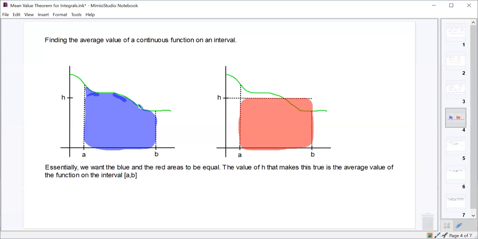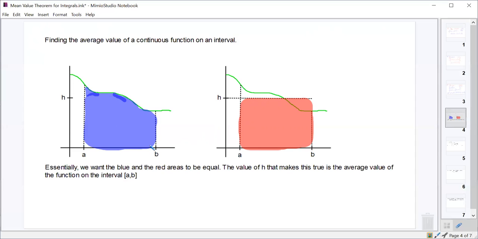But if instead of taking just the data points, I took every single value in between A and B for a continuous function, we can use this method to find the average value of the function, taking into account every single instant in time between A and B.